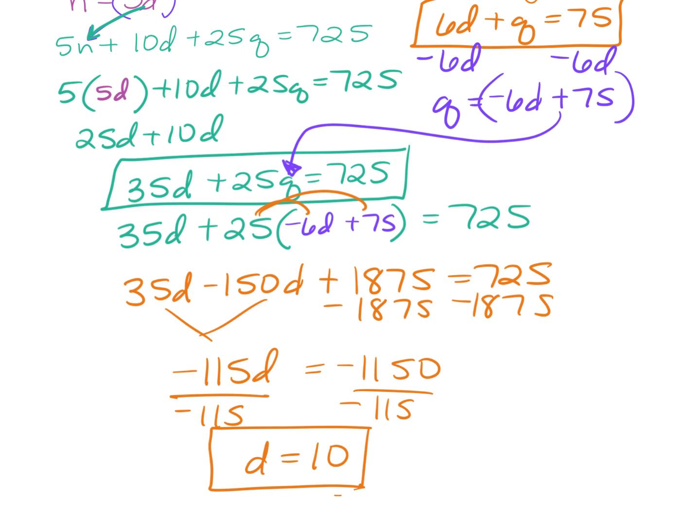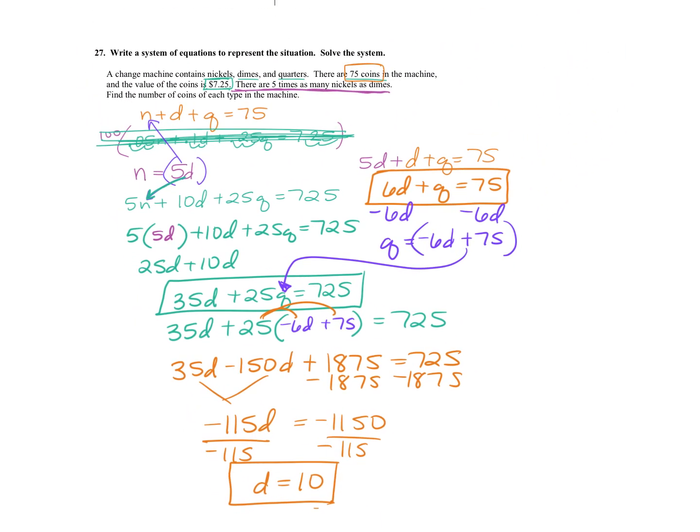What do you do from there? If D is 10, what's N? 50, right? Nickels is 5 times dimes. So that means we have 50 of those. How do you find Q? Plug it all in up here.